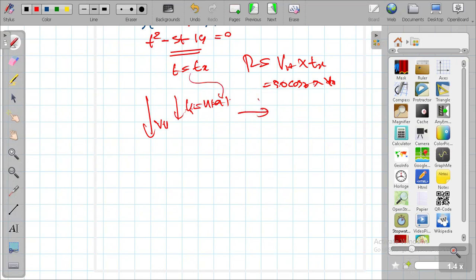So the horizontal velocity is like 50 cos 30. So you have to find out the resultant by what? V vertical square plus V horizontal square and get the root of that.